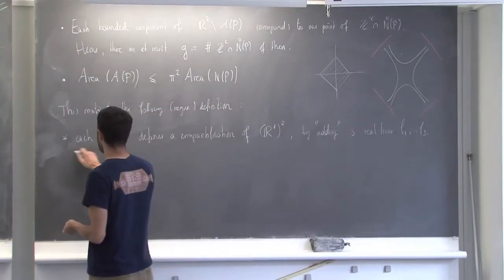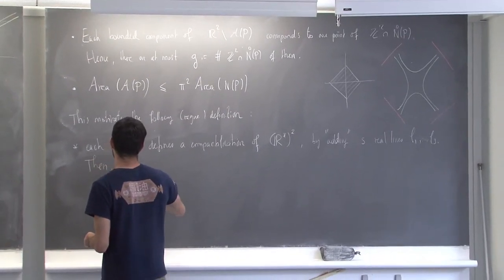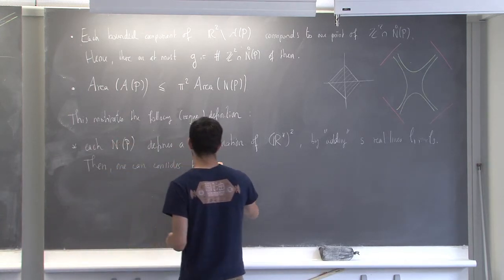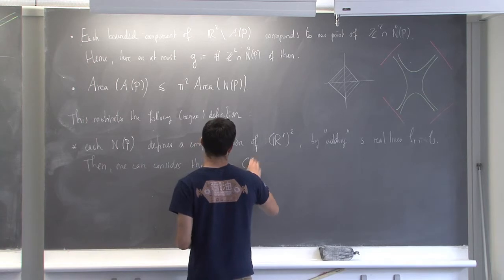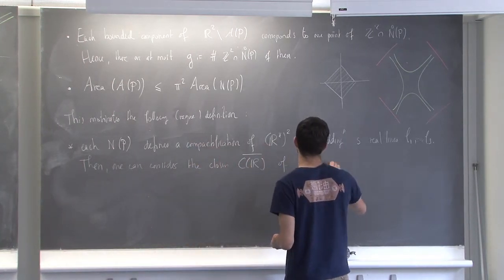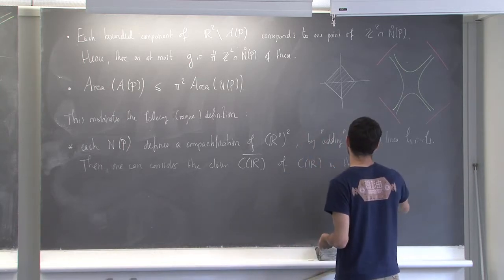Then one can consider the closure C R bar of the real curve in this compact space.